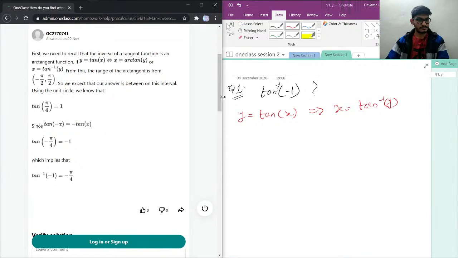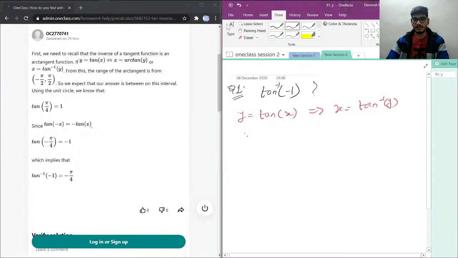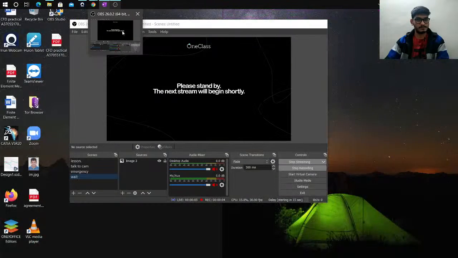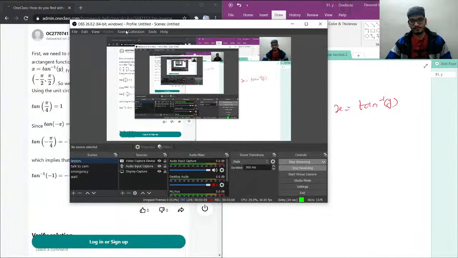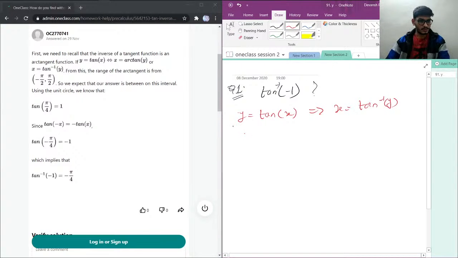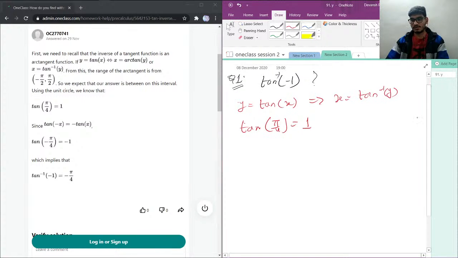Now we know that the tangent of pi by 4 is 1.